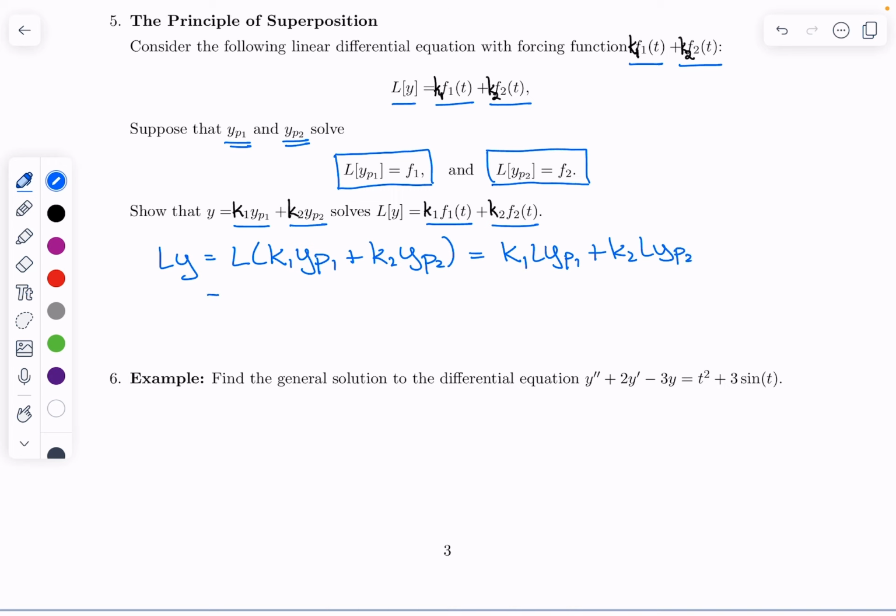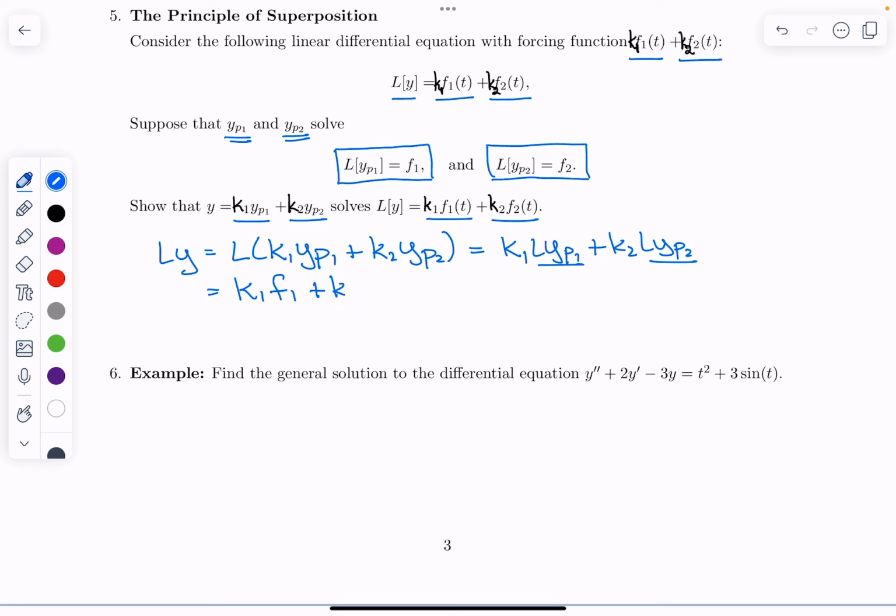But what is Lyp1? It is actually f1. Okay, and what is Lyp2? It is f2. So by taking the same linear combination of the particular solutions, I can then solve the problem where the right-hand side is a linear combination of the functions that corresponded to those particular solutions.